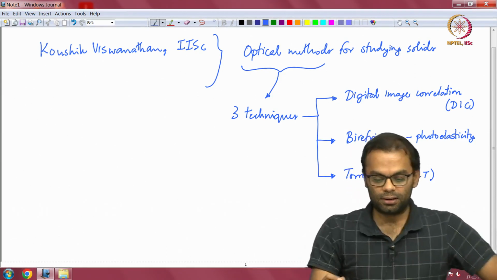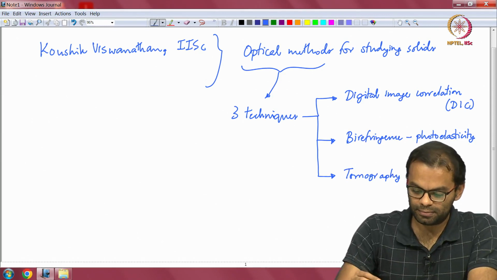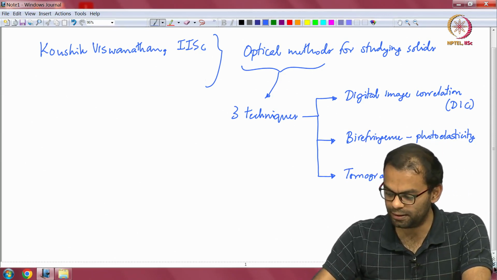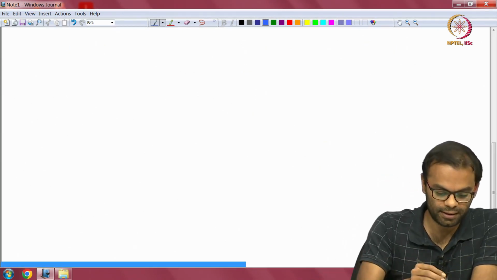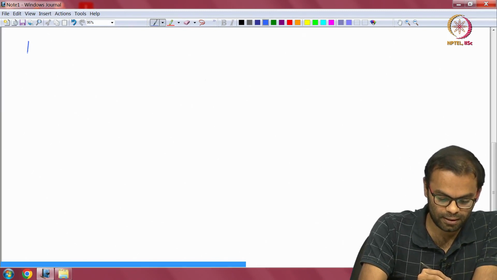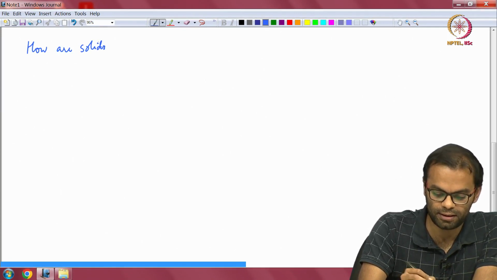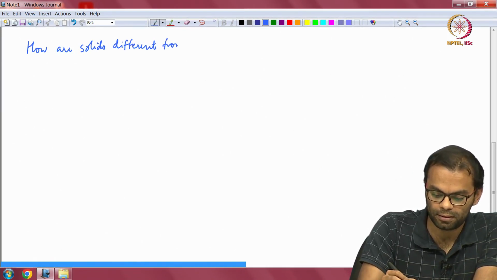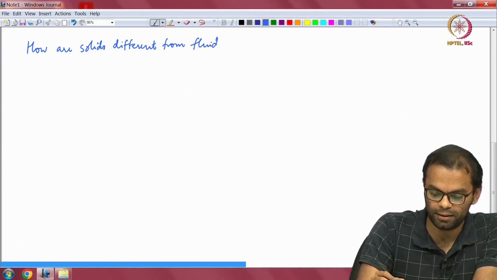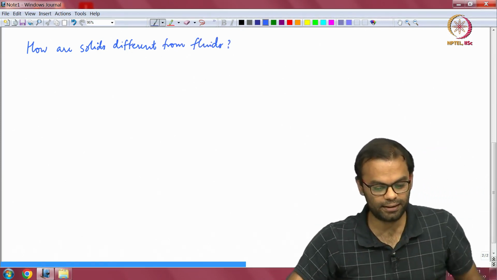Before I start, let us very quickly see how solids are different from fluids. Now, obviously this is a very naive question.